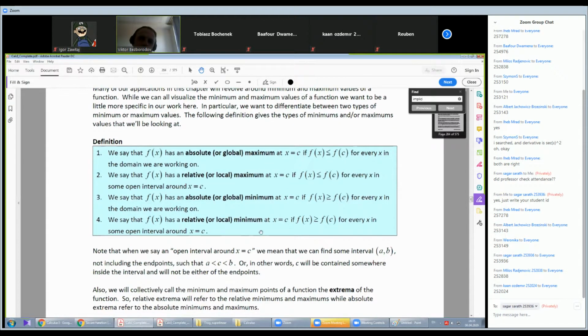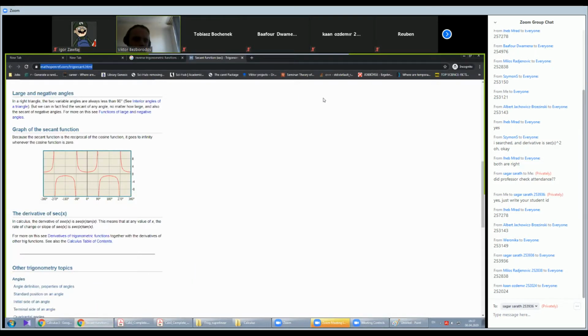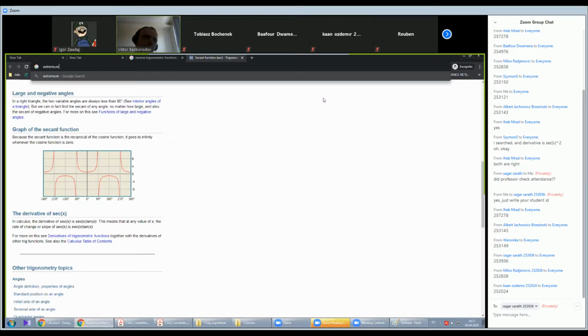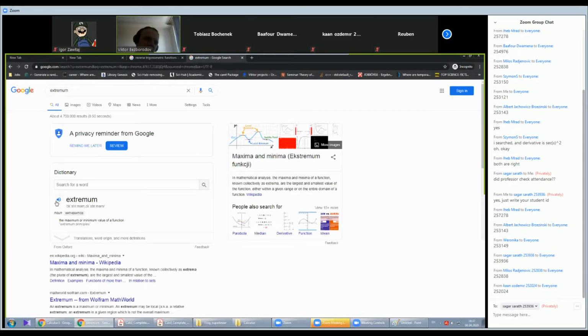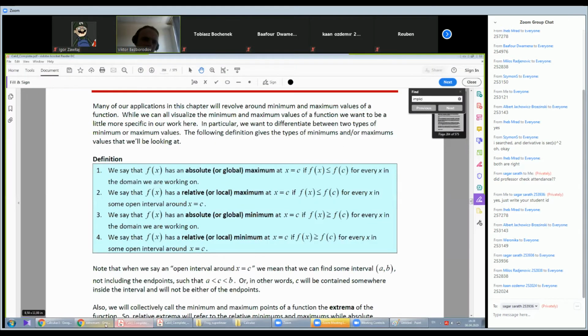Okay, so now this is a definition of a maximum and minimum, so of an extremum. I'm not sure, by the way, where the accent is. Let me see. Extremum. Okay.